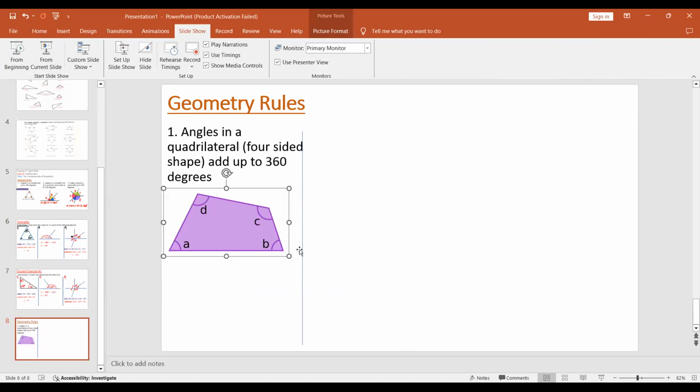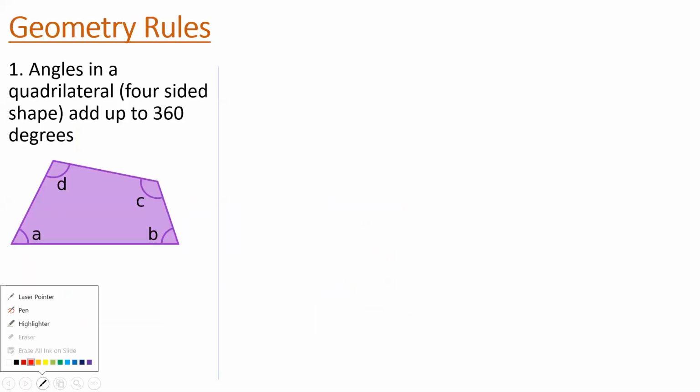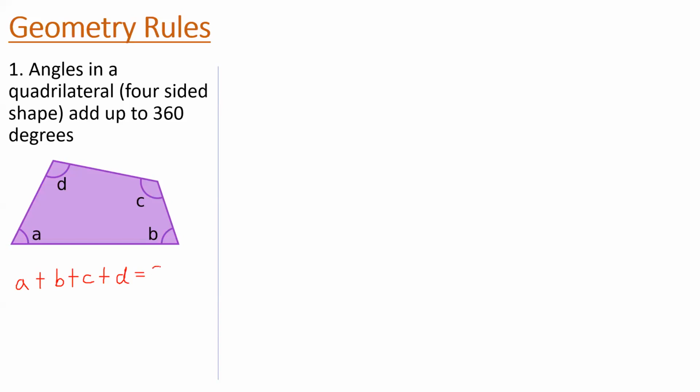So let's write that down: angle A plus angle B plus angle C plus angle D equals 360 degrees.